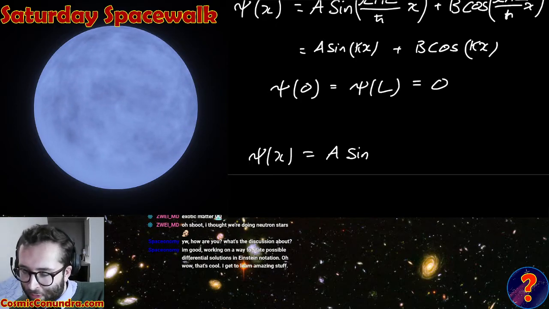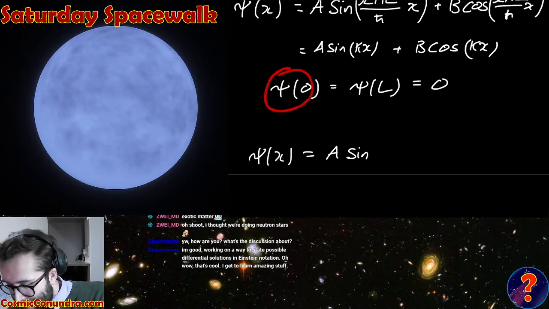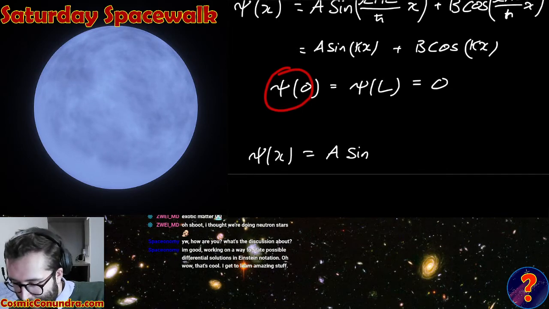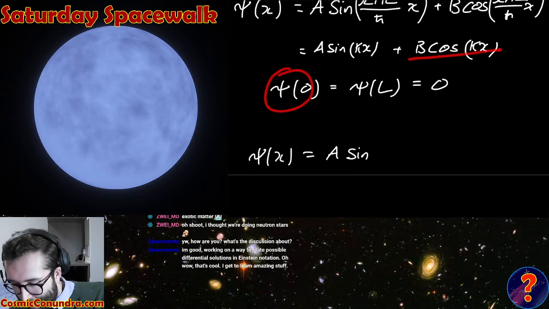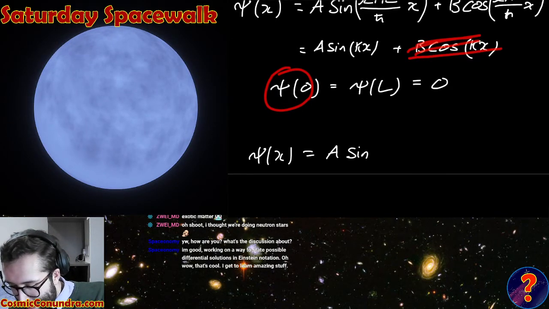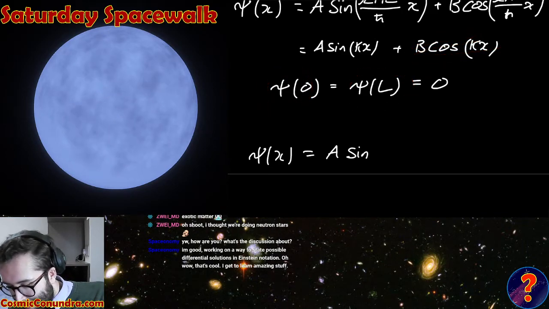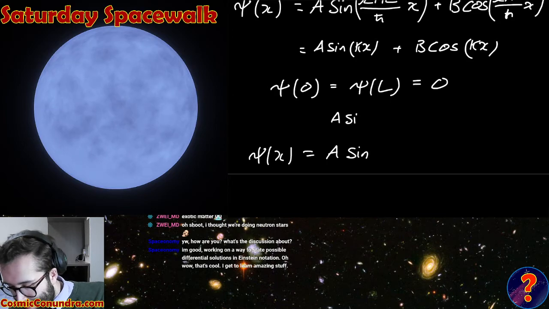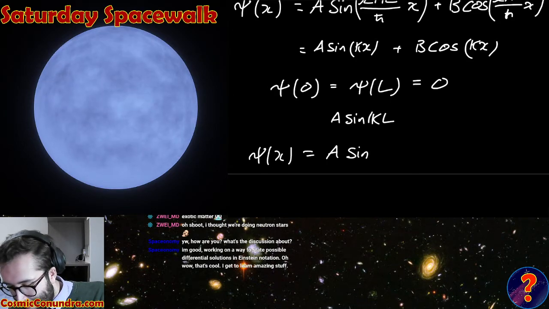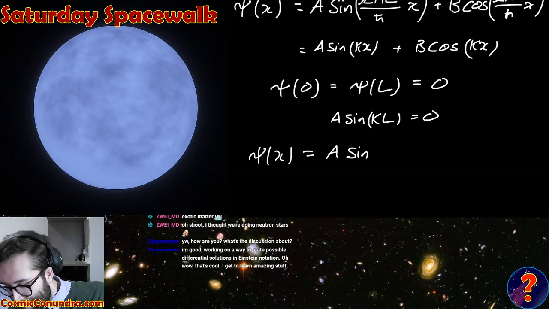Okay, awesome. So the fact that psi 0 vanishes, this boundary condition, means that we can't have any cosines. Then the fact that psi L vanishes means that we should have A times sine of KL equal to 0.